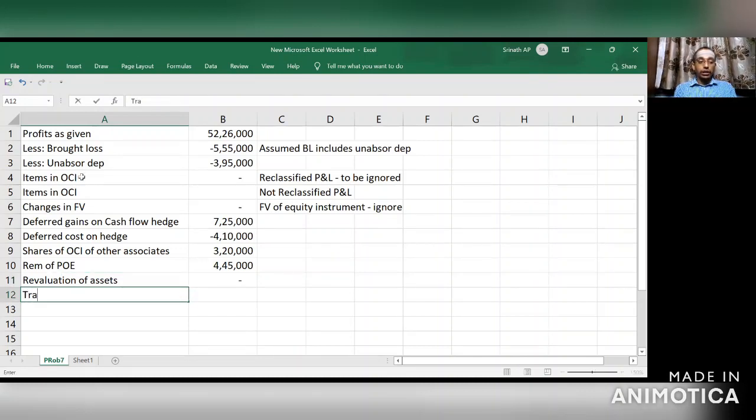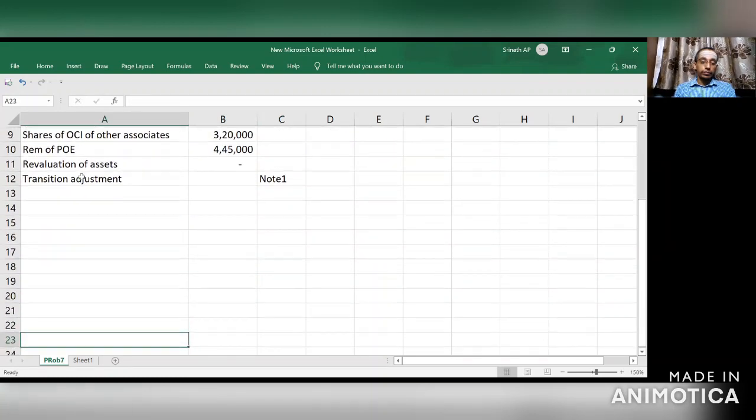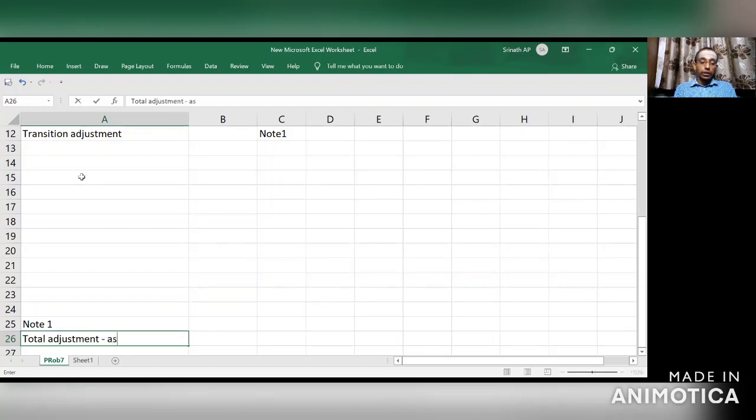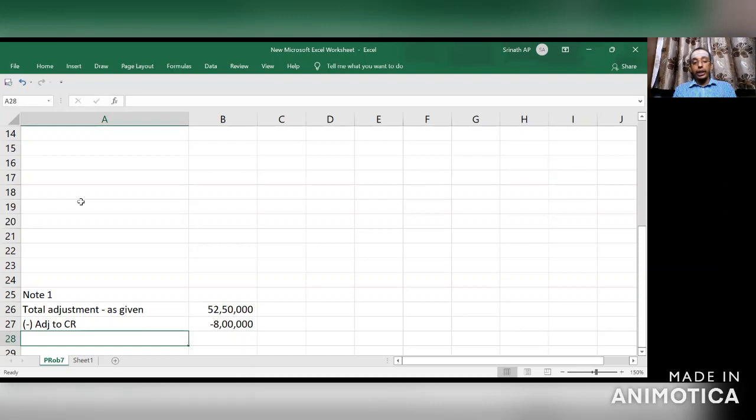Then transitional adjustment. Total adjustment as given is 52,50,000. Less adjusted to capital reserve is 8 lakhs. Anything that is adjusted to capital reserve should not be considered, therefore it has to be ignored.